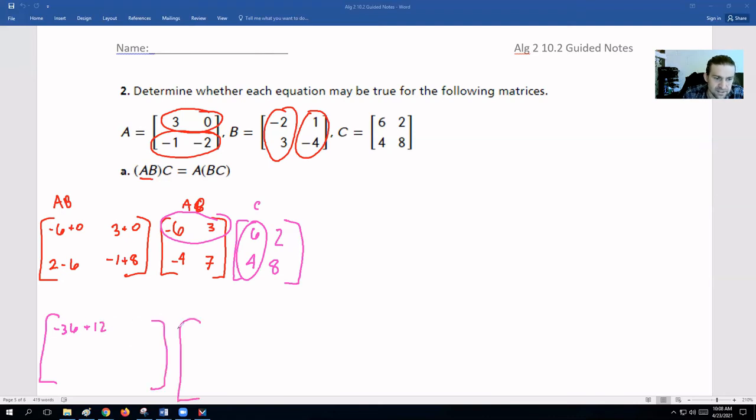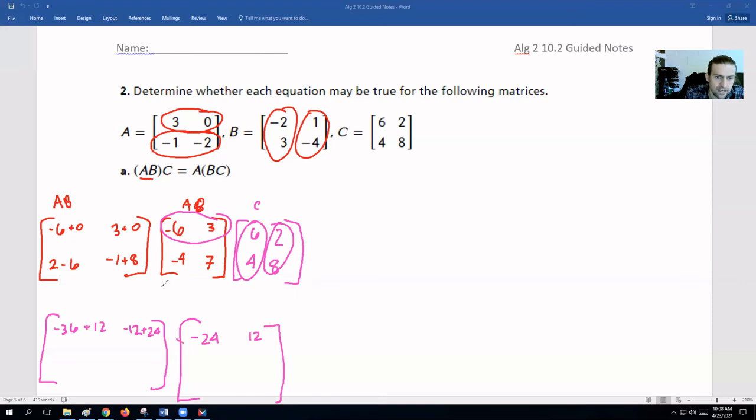Negative 36 plus 12 is negative 24. Then we have negative 6 times 2 is negative 12. Wait, did I do that right? Oh, I messed up. I did 3 times 8, which is 24. Add them together, that'd be 12.